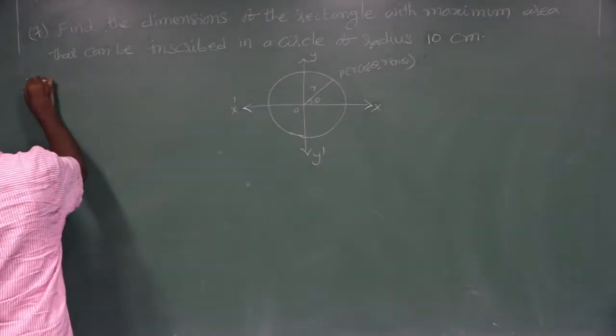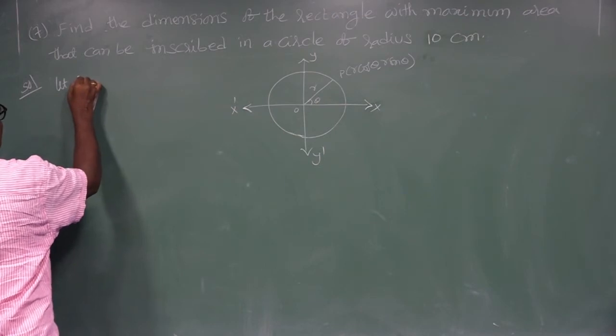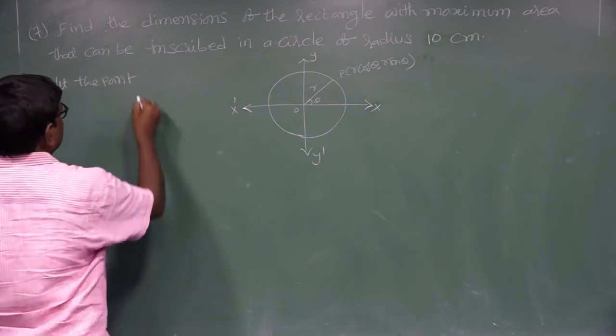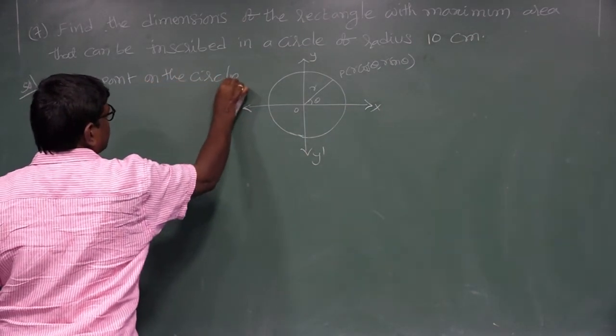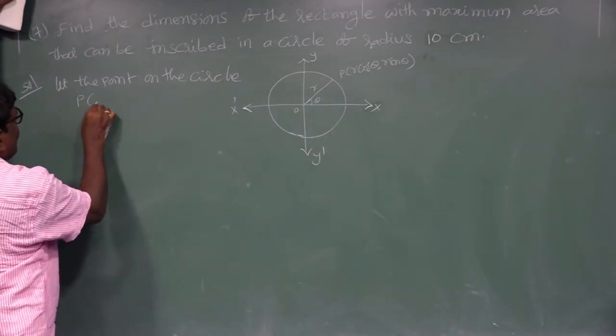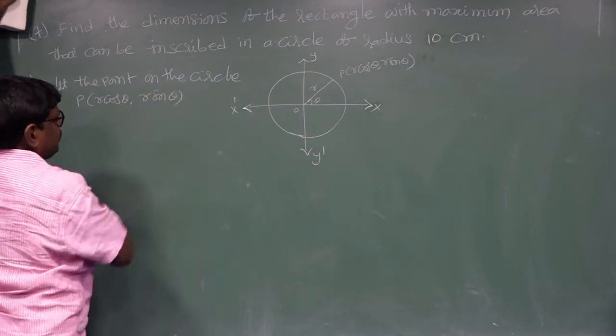Solution: let the point on the circle P of r cos theta, r sin theta.